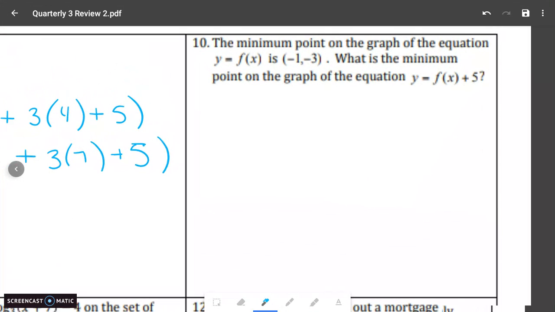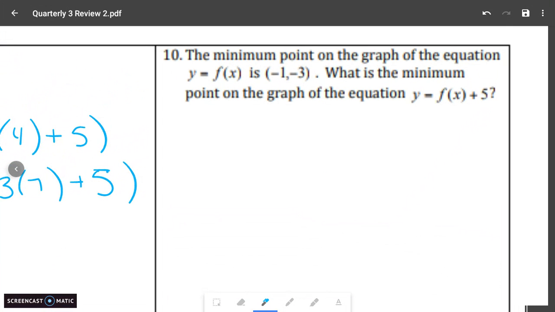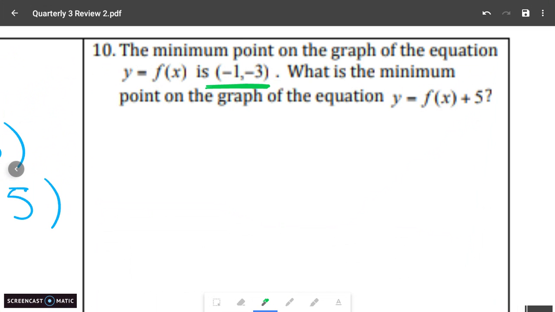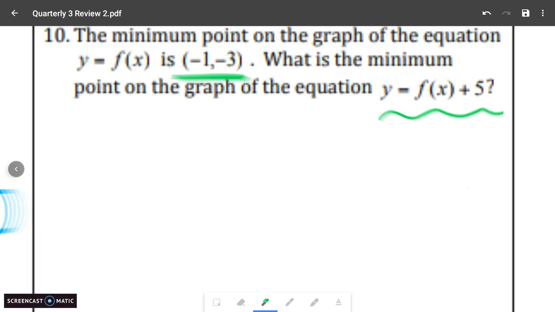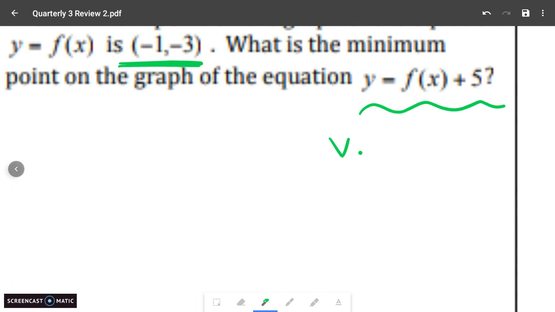Okay. The minimum point of the graph of the equation of f of x is -1, -3. What is the minimum point of the graph of the equation of f of x plus 5? So this is the current minimum. This is telling us that there is a vertical shift.